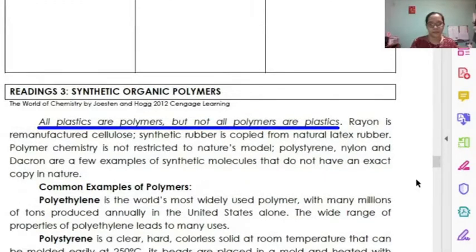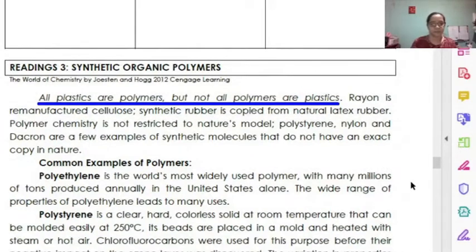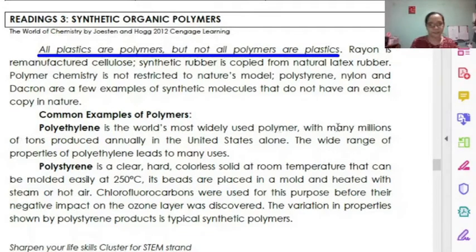For readings 3, it is mentioned here that synthetic or organic polymers. So this is an important statement. All plastics are polymers, but not all polymers are plastics.